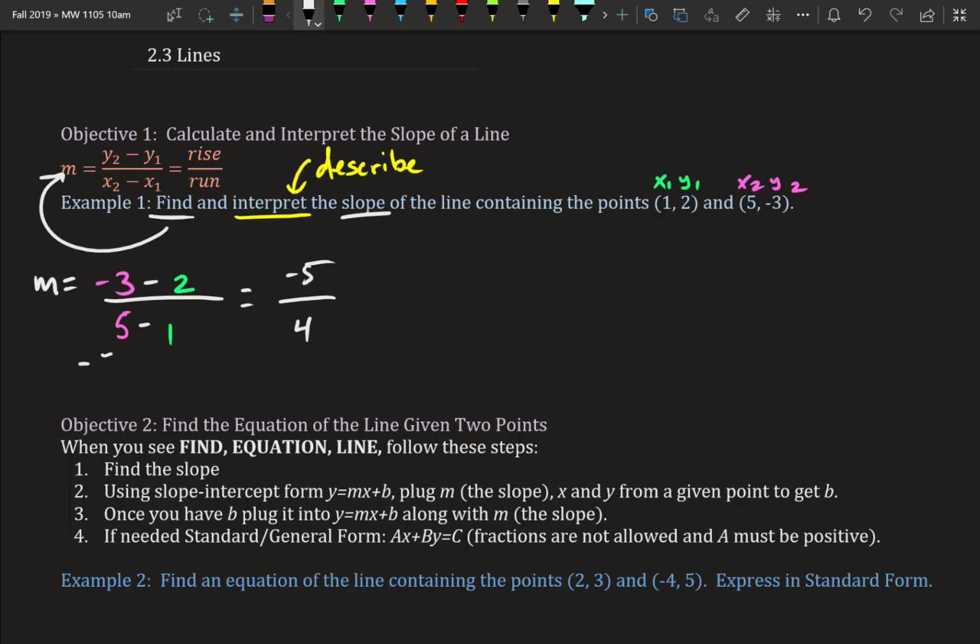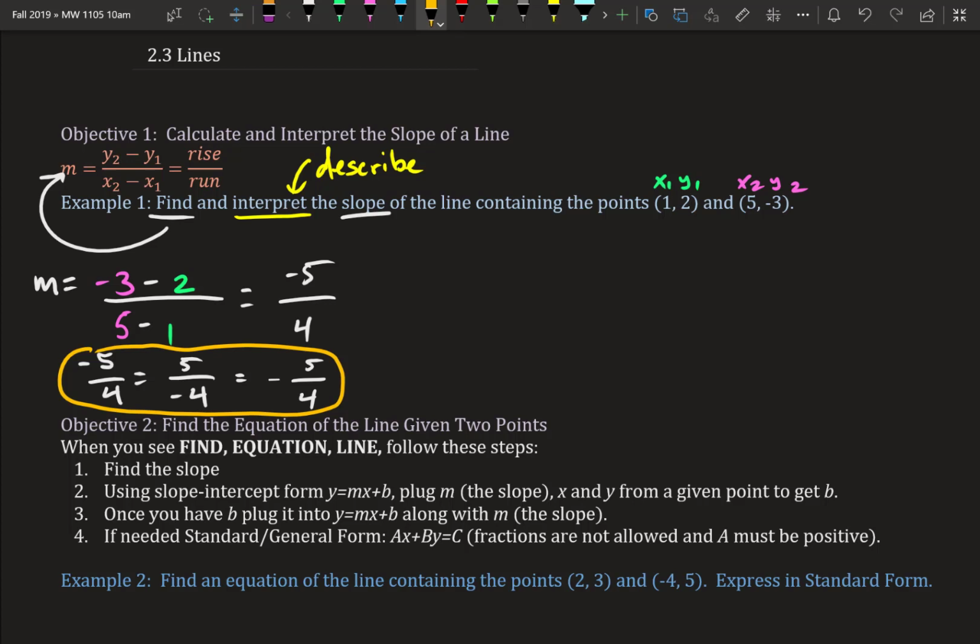Just in case you need a little bit of a refresher, all of these mean the same thing. It doesn't matter where your negative goes; you can put it on top, middle, or bottom, wherever it's going to best work for you.